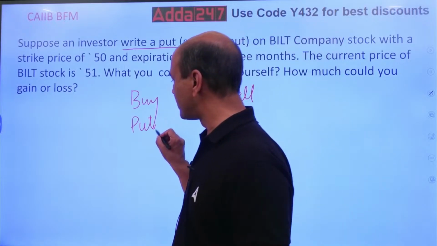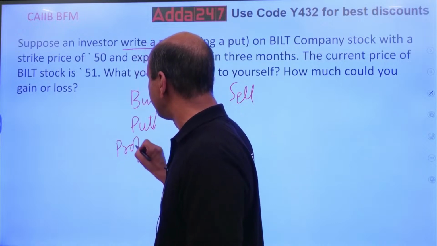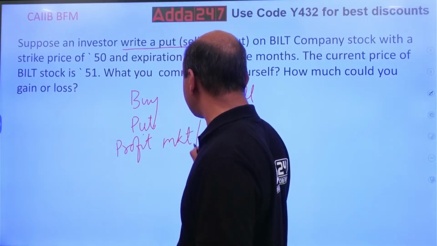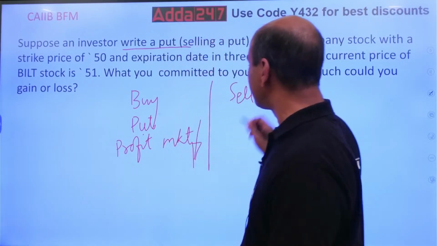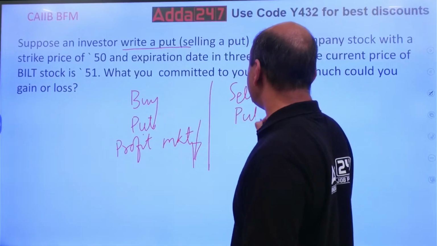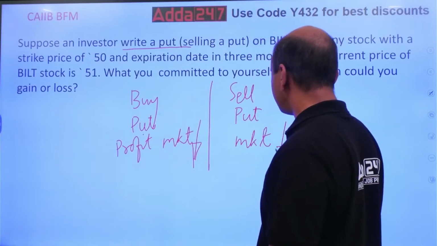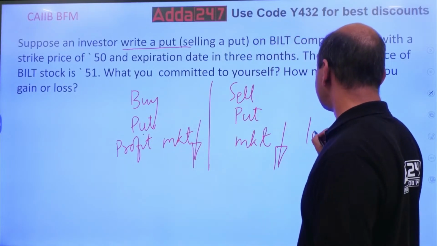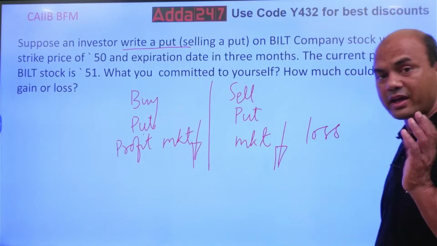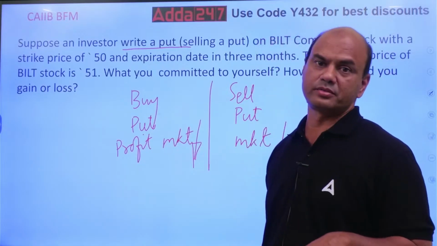Your profit is when the market, or rate, is down. Whenever you sell the put and the market is down, you will have a loss. Kindly note, the buyer of the put option will always have gains when the market goes down.